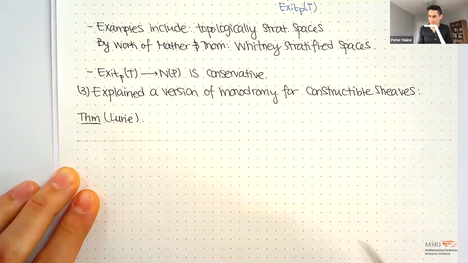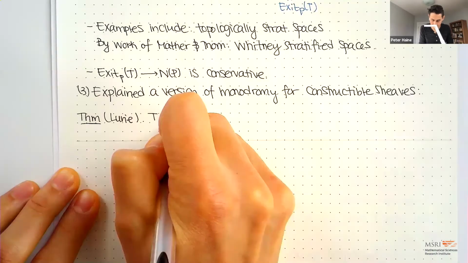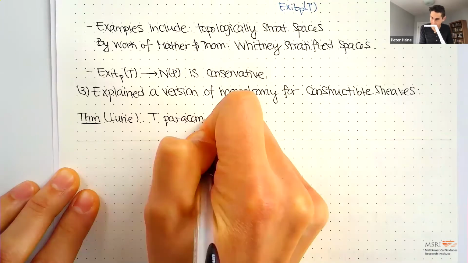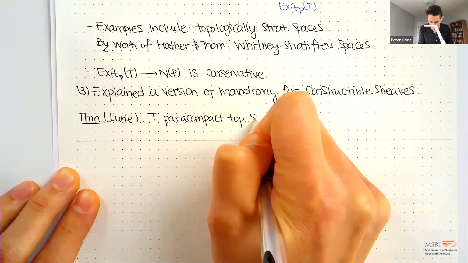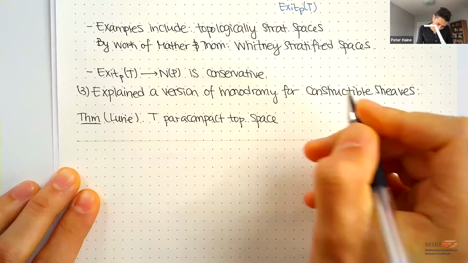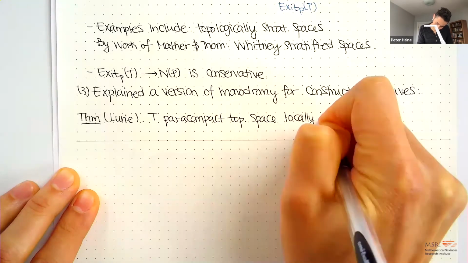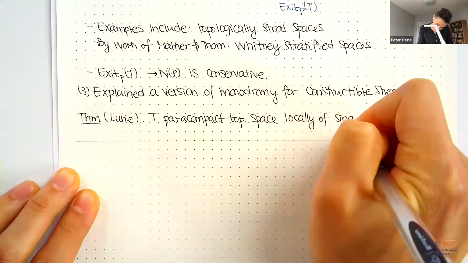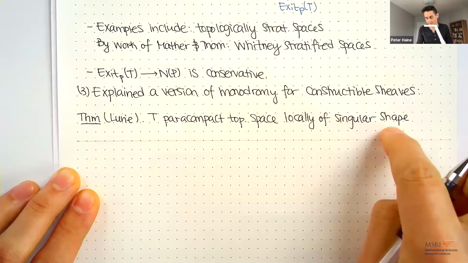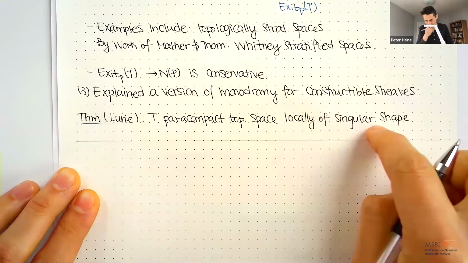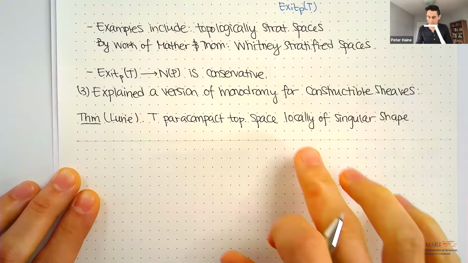that says, T will be a paracompact topological space with locally singular shape. And this really just meant that the monodromy theorem that Clark talked about in the first talk works.